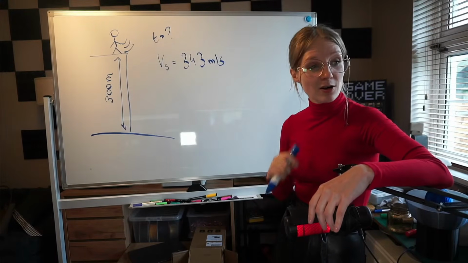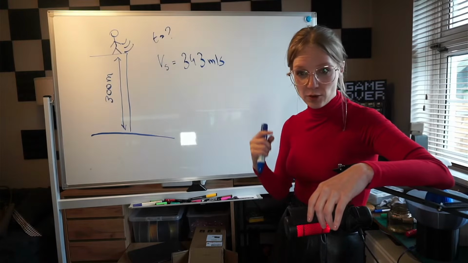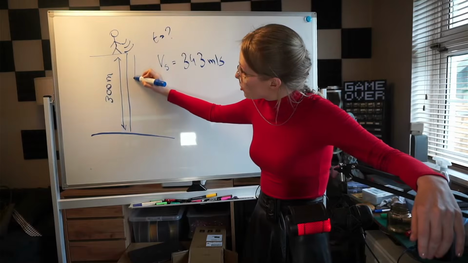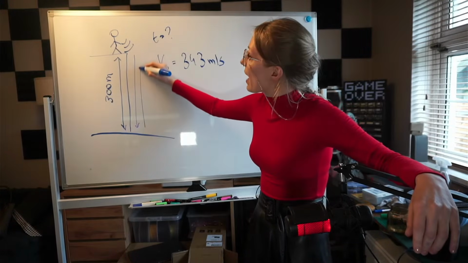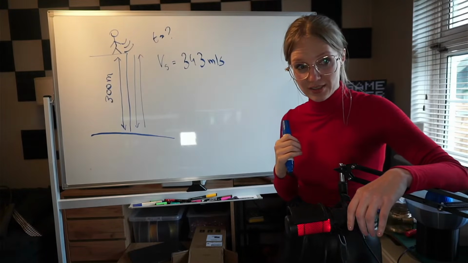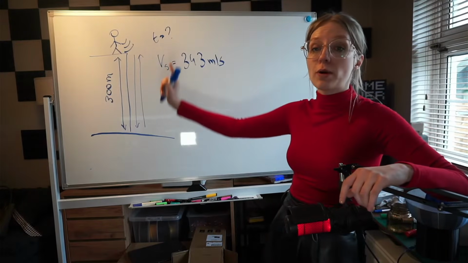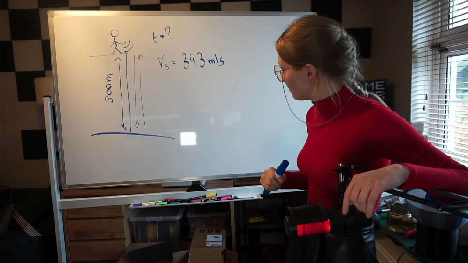So how long will it take the woman to hear the echo back? Well, first of all, the sound has to travel all the way down and then all the way back up. So it's actually traveling a total of 600 meters. Does that make sense? It travels all the way down the cliff, 300 meters, and then it has to travel all the way back up 300 meters. 300 meters plus 300 meters, 600 meters.